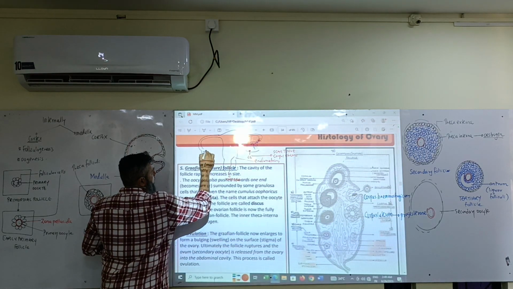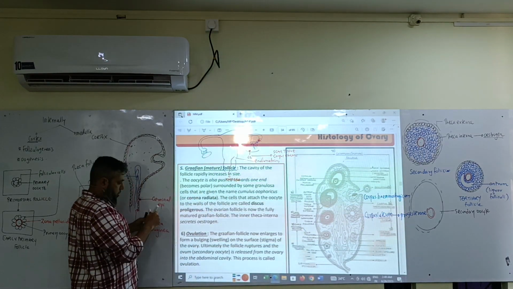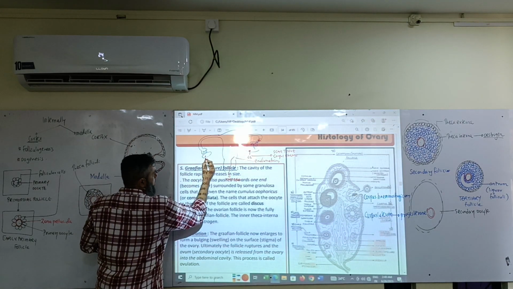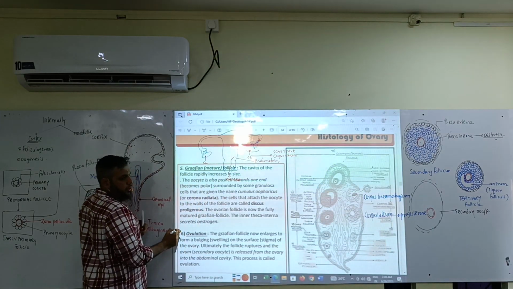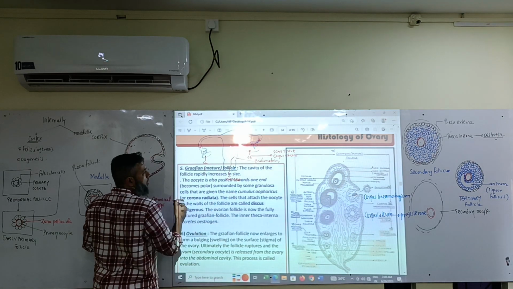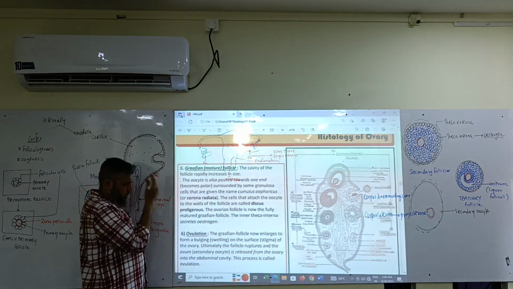Who is this? Fallopian tube. ये क्या फॉर्म हुआ यहाँ पे? Corpus luteum. ये यहाँ पे कौन है? Endo.